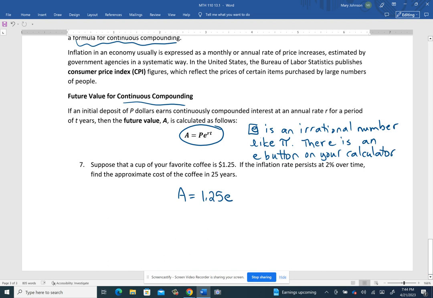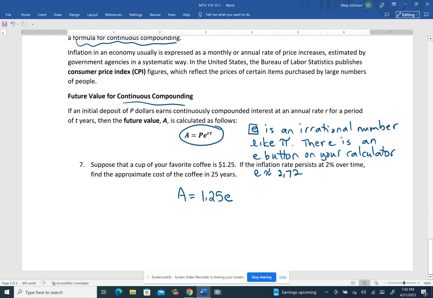On mine, it's a second function, right above the LN button, so I have to hit my second function key to get it. Just like pi is around 3, so is E. E is about 2.72 if I round to the nearest hundredth. So it's less than 3.